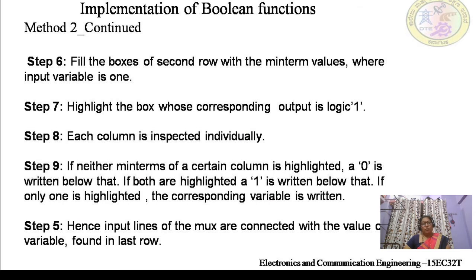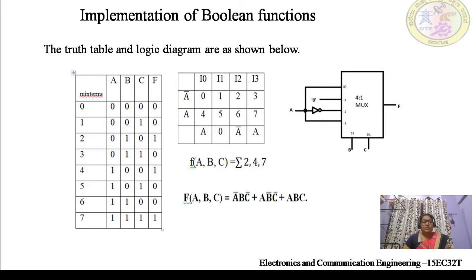Okay. So next we have to highlight the boxes. If the minterm is present in the Boolean expression, then the corresponding box is highlighted. See, for example, in this example, the minterms 2, 4 and 7 are present.